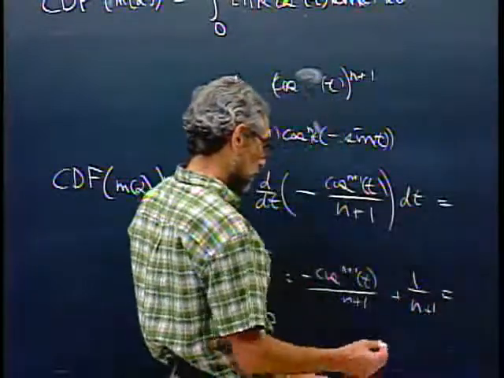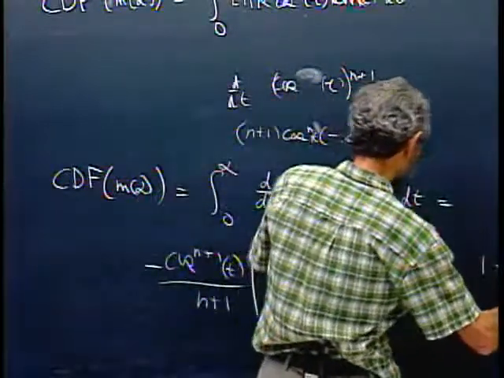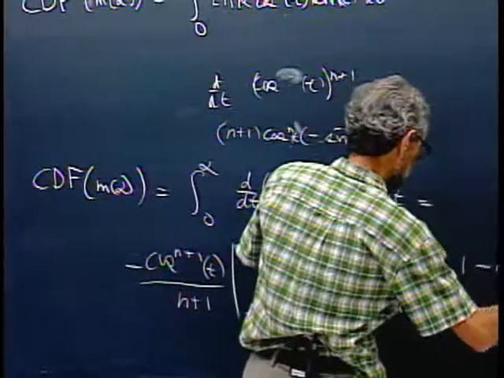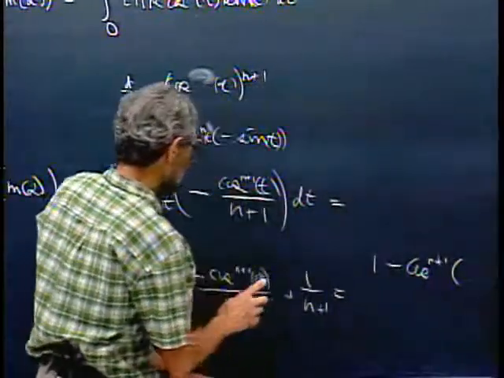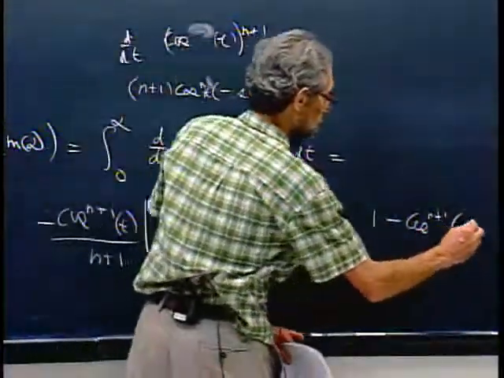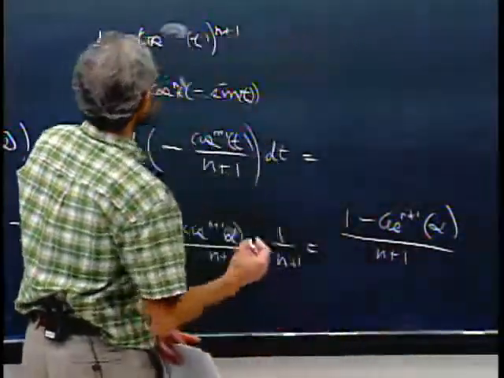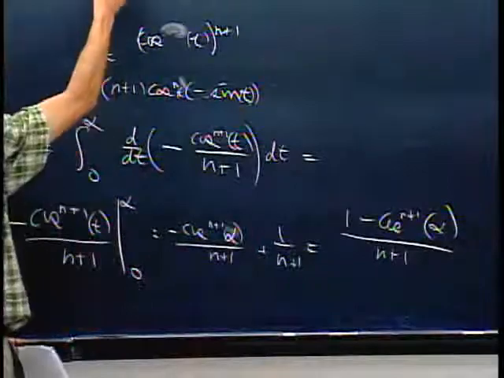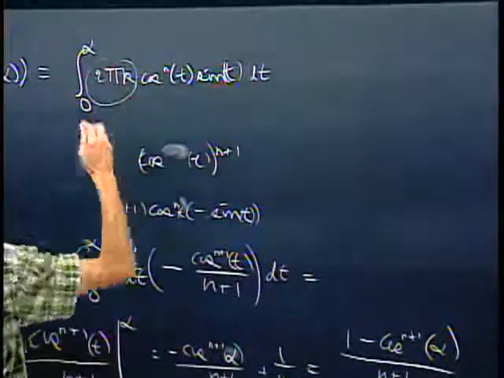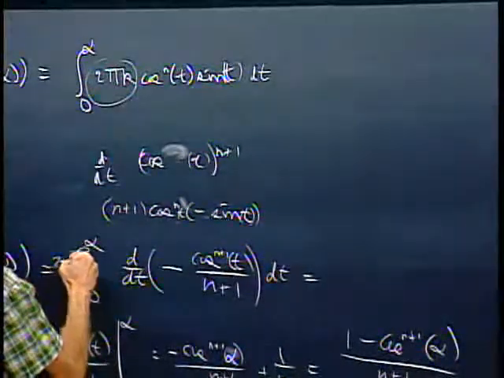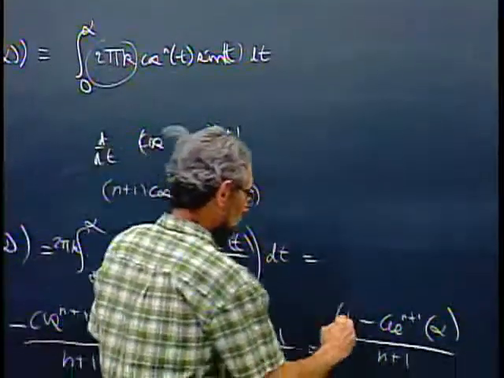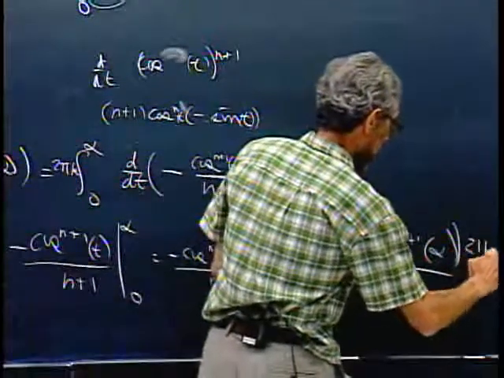So in terms of a fraction, it's 1 minus cosine n plus 1 of, this is not t anymore, it's alpha over n plus 1. That's the integral without my 2 pi k here. So I forgot the 2 pi k there, so I should have a 2 pi k here too.